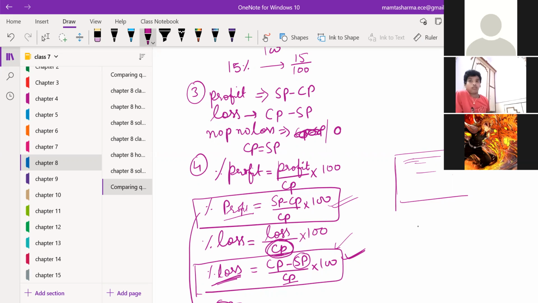So in that gap, are your notebook and paper the same thing? Actually, what happened in our time, the paper was different and the answer sheet was different. Yes, ma'am, first they give the additional sheet, then they give the question paper. Yes.